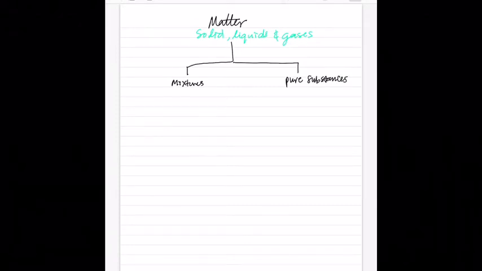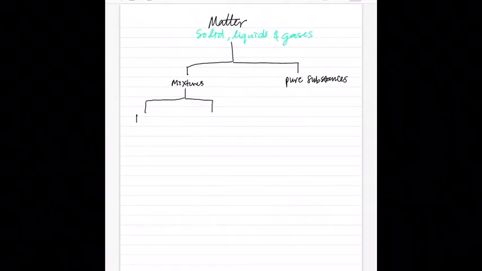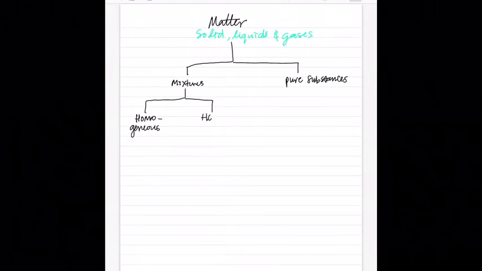All right, now it goes even further. There are 2 types of mixtures and 2 types of pure substances. Now, the 2 types of mixtures, there is a homogeneous mixture and a heterogeneous mixture. Now, how you know the difference between a homogeneous mixture and a heterogeneous mixture, you have to look at the prefix there, okay?